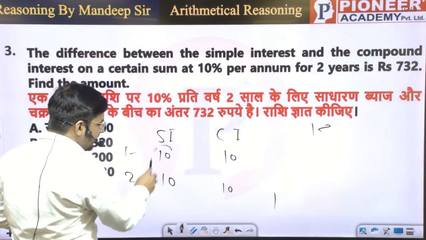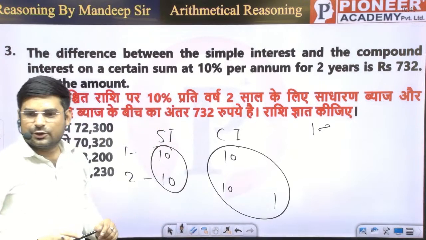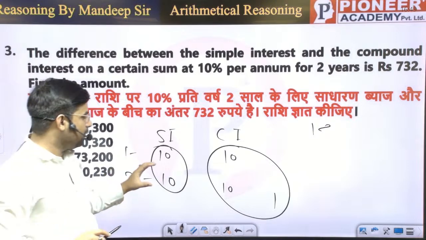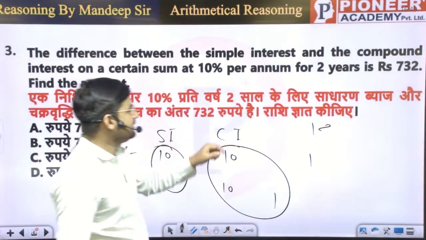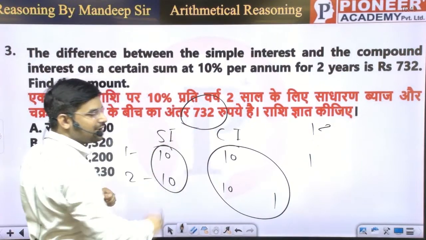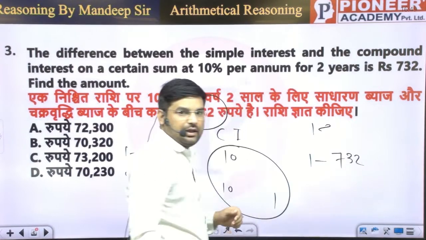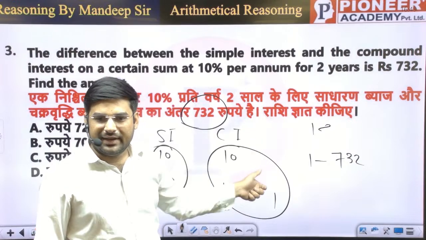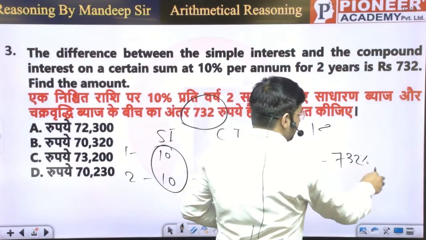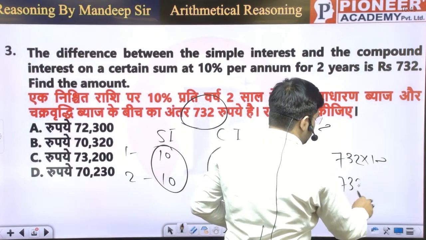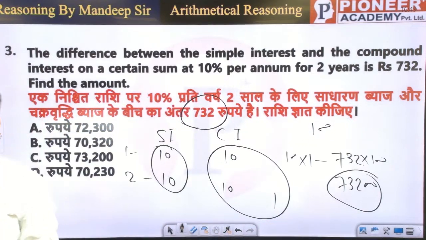If you look, SI is 20 and CI is 21. So the difference of 20 and 21 is 1. And the difference given is 732. So 1 equals 732, and we have to find 100. So 100 equals 73200. Clear?